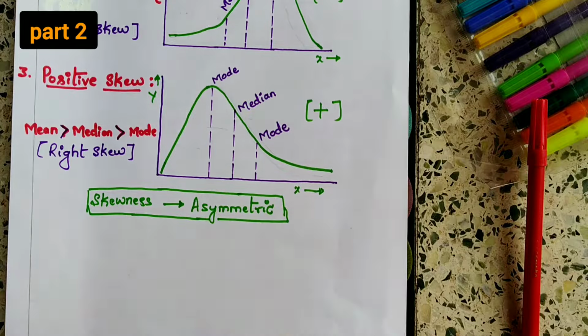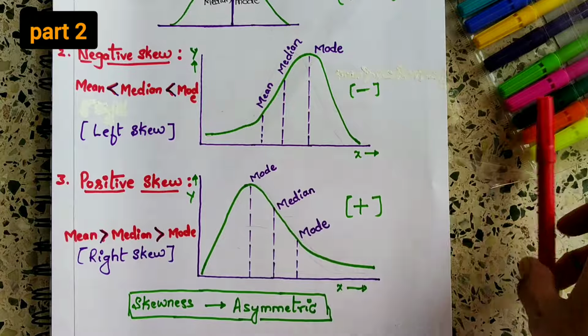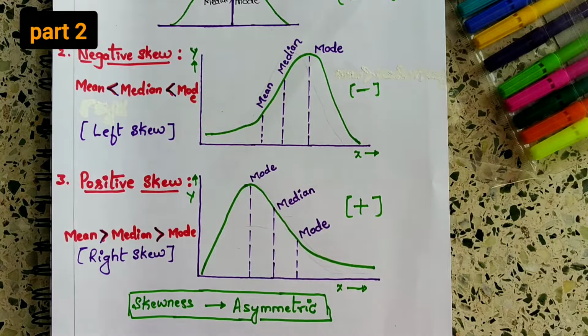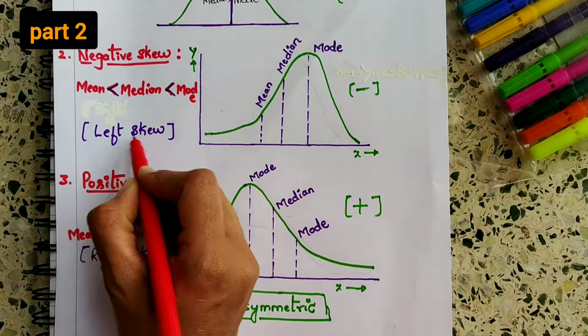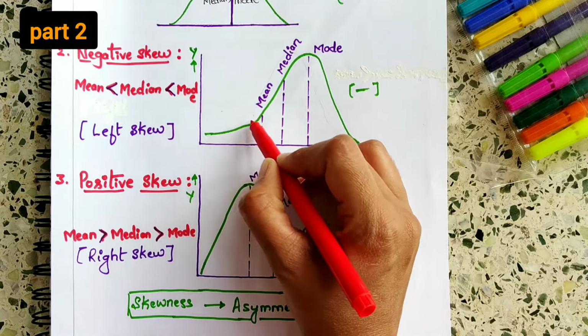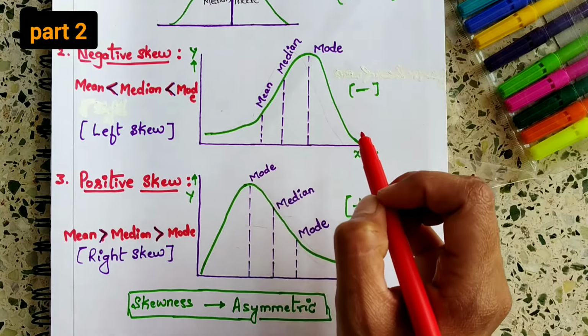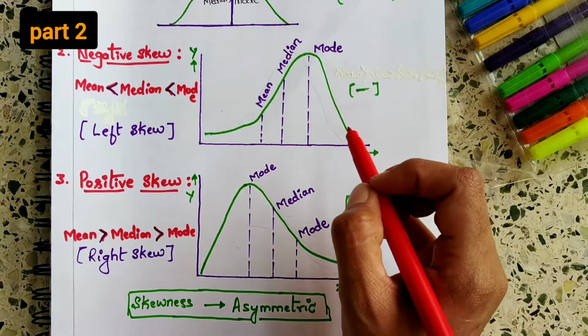And as I said, there are two types of skew. In the case of negative skew, it is also called left skew. Here the distribution will be on the left side, okay.